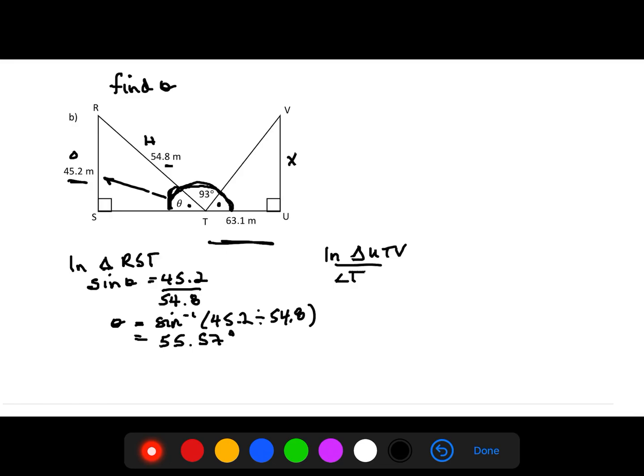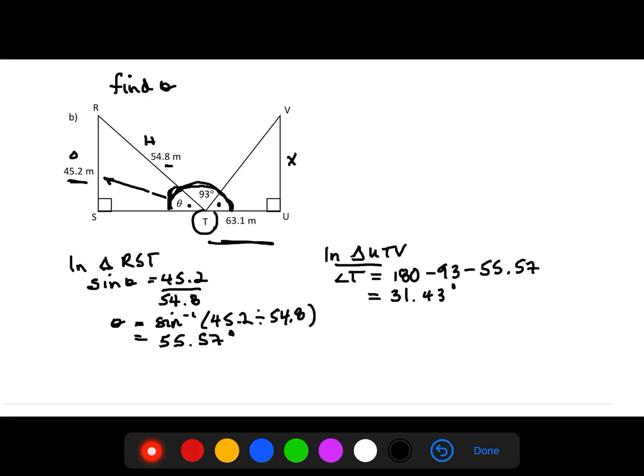And notice that we have to specify what triangle, because technically there's three different angle T's in this triangle all around our label of T. So in triangle UTV or TVU, or however we want to put it, angle T is equal to 180 minus 93 minus 55.57.